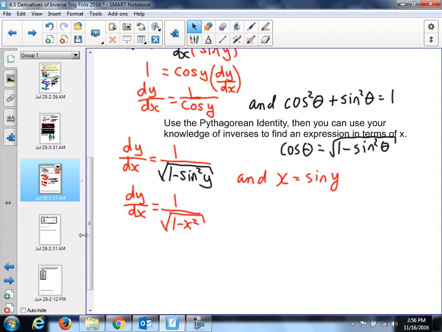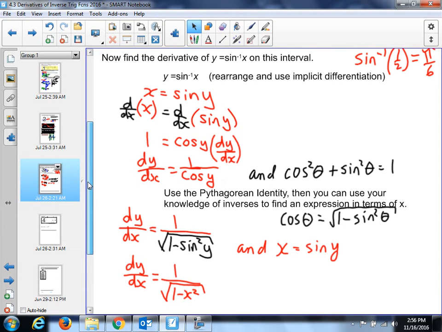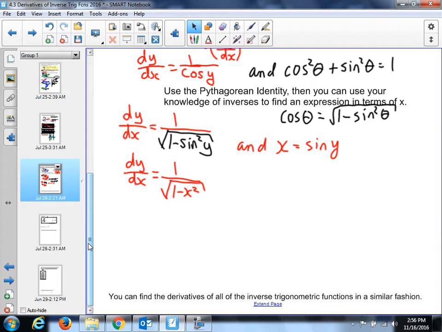What did we just do the derivative of? What was our starting expression? y equals sine negative 1, the inverse of the sine function. Now I showed you how to work this out, and they can all be worked out in a similar fashion. We're not going to work them all out, but that's the kind of stuff that we did there.